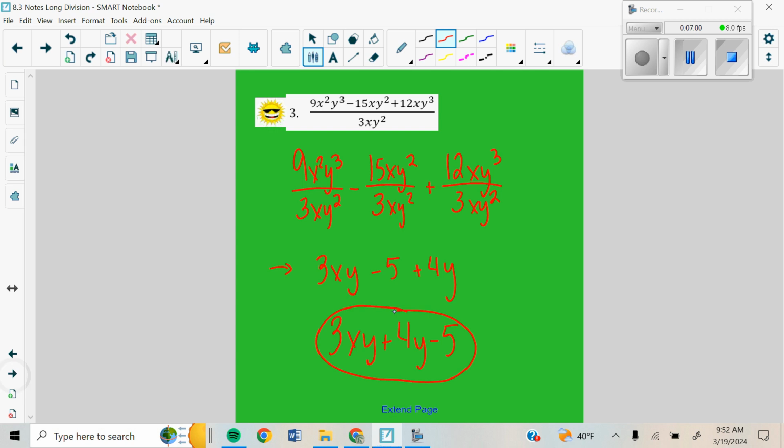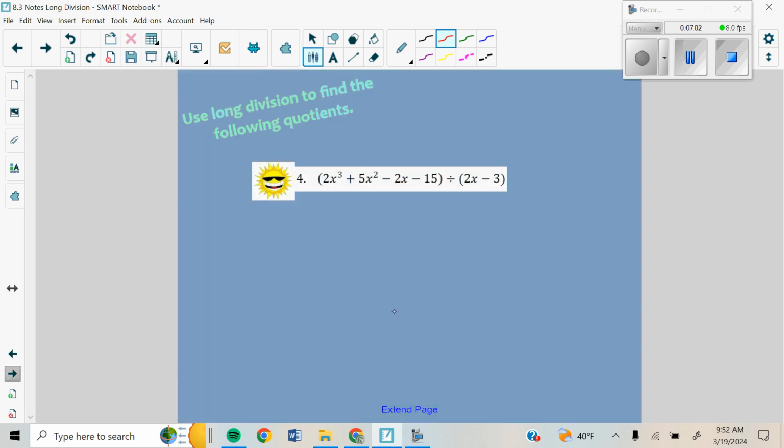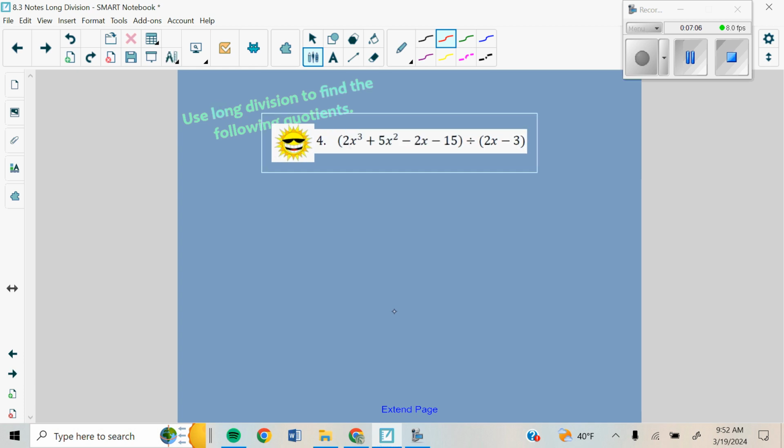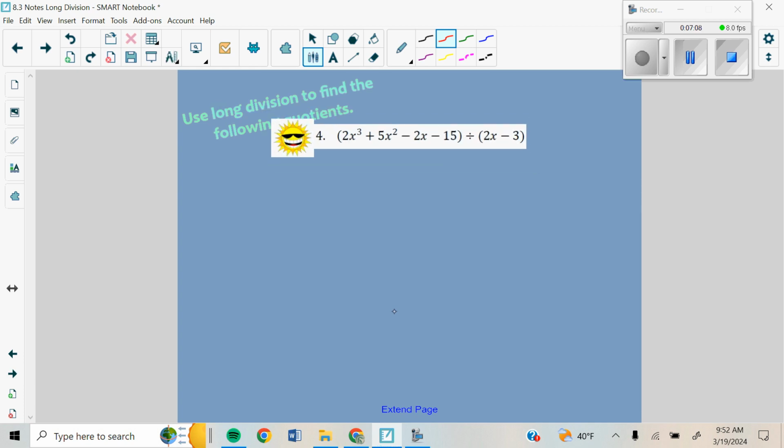All right, so let's go ahead and dive into some long division here. This is all of our absolute favorites. I know it. So let's start off by setting up our division problem. Our 2x minus 3 is going to be on the outside of our division sign.